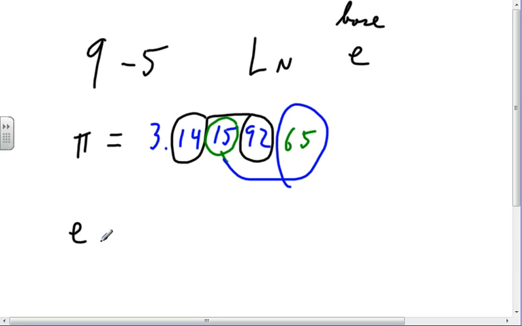Now, this E guy, which is the base of the natural logarithms. If I'm radioactive material, I'm decaying at a rate of E. If I'm your money in a bank account getting interest, I'm gaining interest at the rate of E. If I'm a plant growing in the garden, I'm growing at a rate of E. This thing is all over the place.